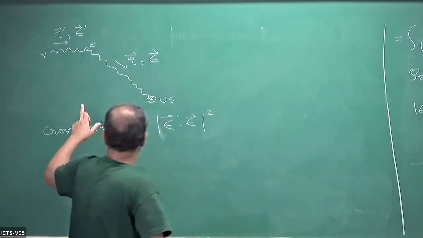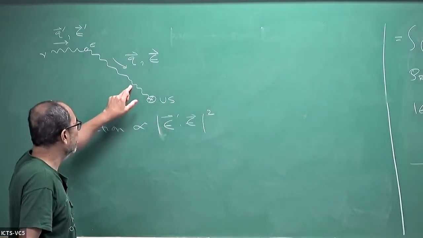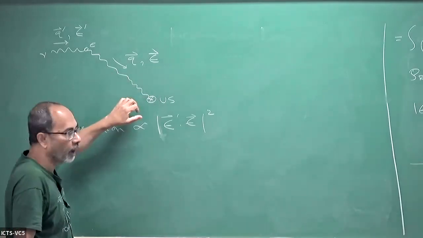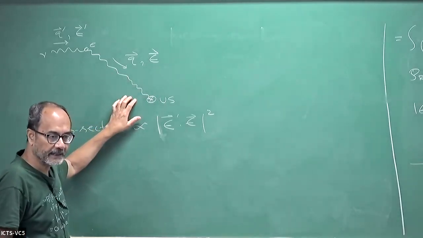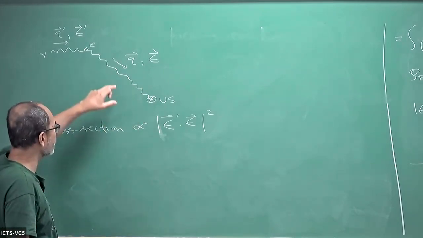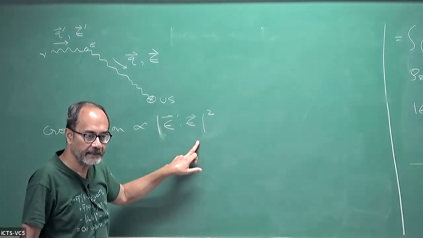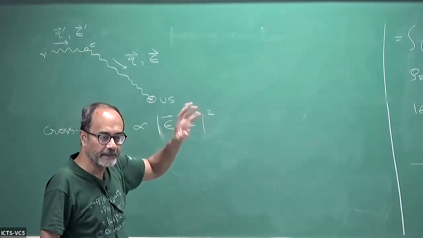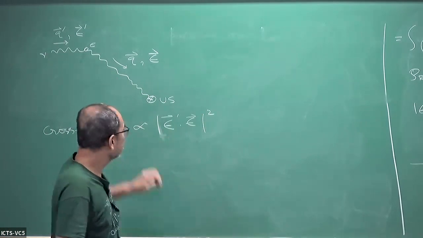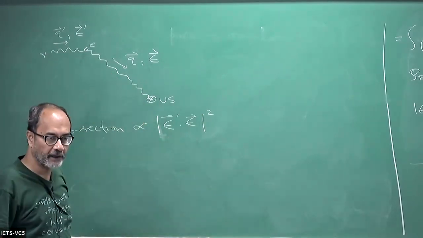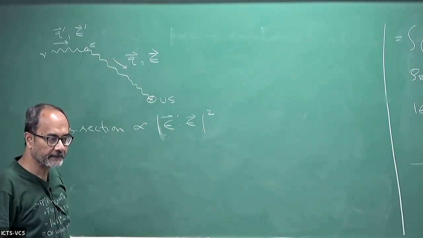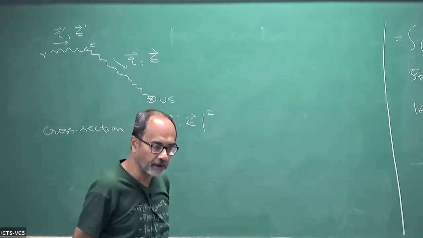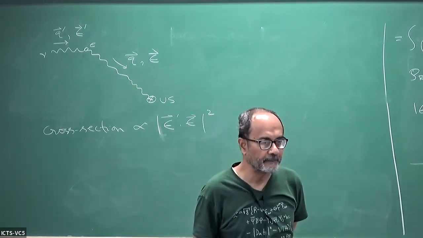But for these two transverse polarizations, if you fix epsilon, the scattering probabilities are different, because it depends on this epsilon dot epsilon prime square. So it may happen that even though the initial state was unpolarized, an equal mixture of the two polarizations, the final state may not have an equal mixture of the two polarizations. It may be polarized. So that's the claim, that unpolarized light can get polarized by scattering.